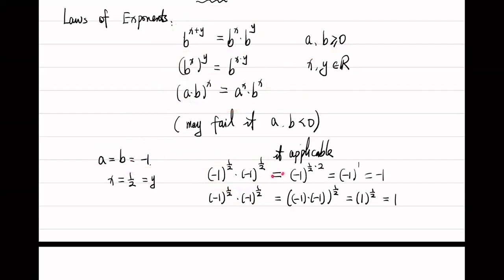So we should say these formulas are not applicable in this case. So the reason for this disagreement is the formulas are not applicable.